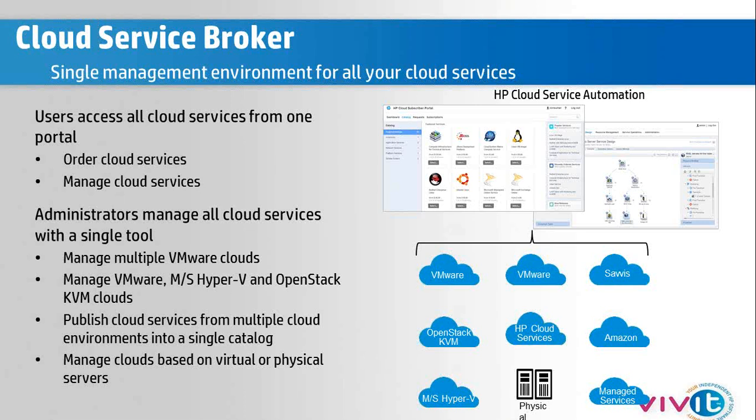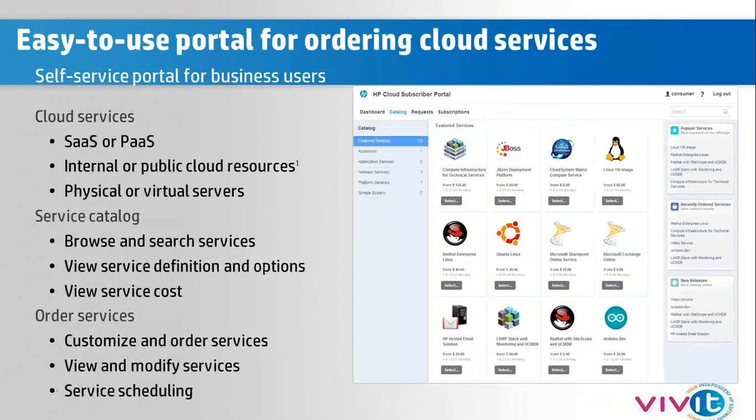Now, I also take your attention to quickly relate to what the IT requirements were in one of the slides I presented earlier. It was all about ease of use when it comes to ordering services from the portal.